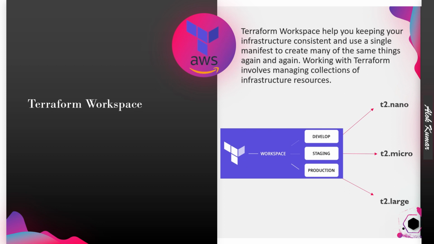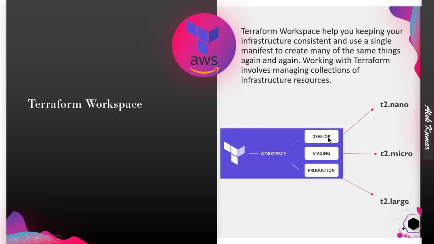Working with Terraform involves managing collections of infrastructure resources, whatever resources you mention in the Terraform variable file, as per the workspaces that you have in your current environment. For example, we created workspaces for develop, staging and production.